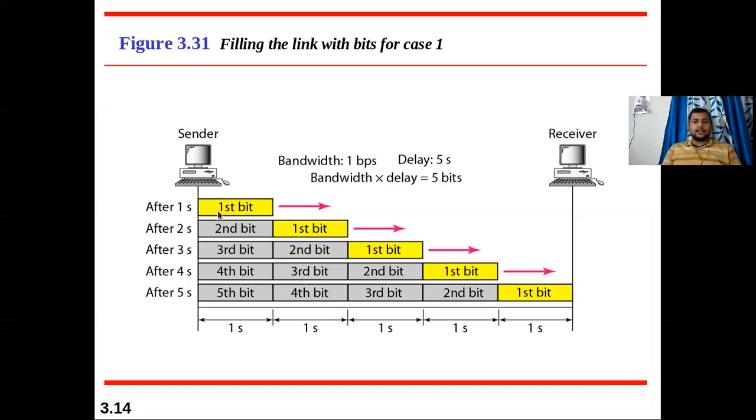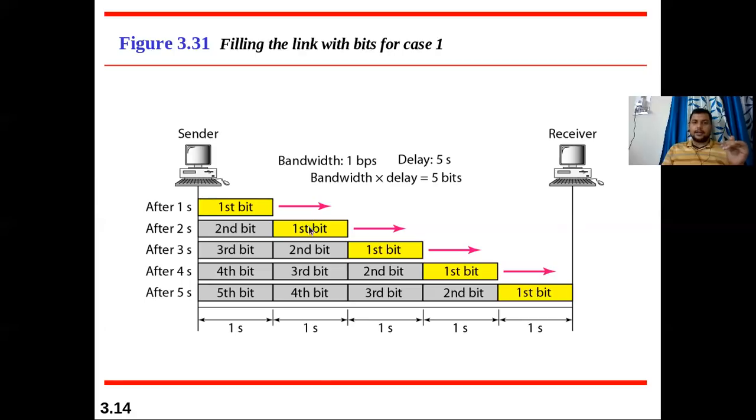So after 1 second, the sender has pushed the first bit. The first bit will then start moving ahead. After a second, the first bit has moved, so it has propagated for a 1 second duration. Till that time, the sender has pushed the second bit also, so the second bit is just behind it in terms of signal.